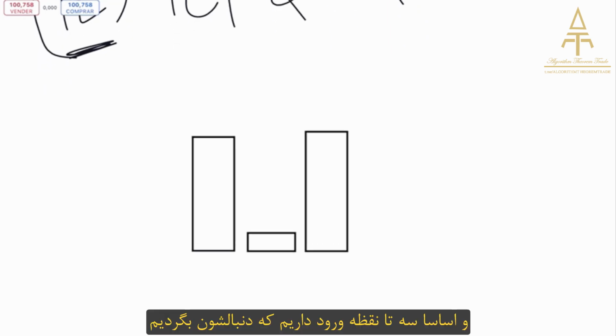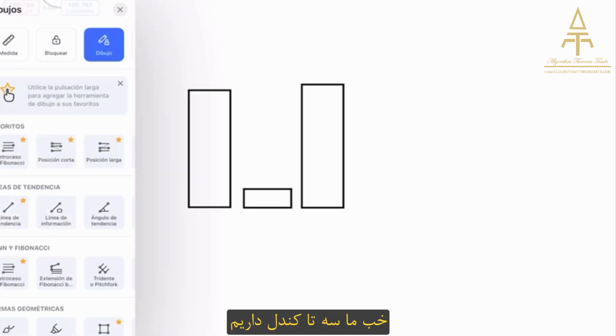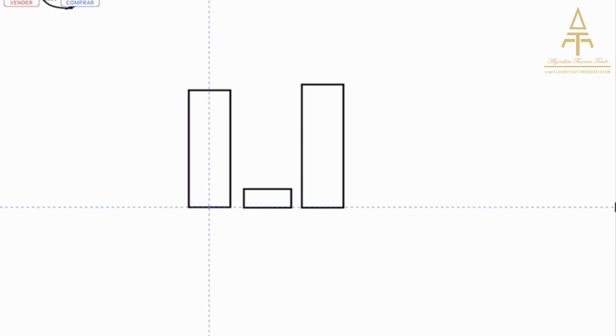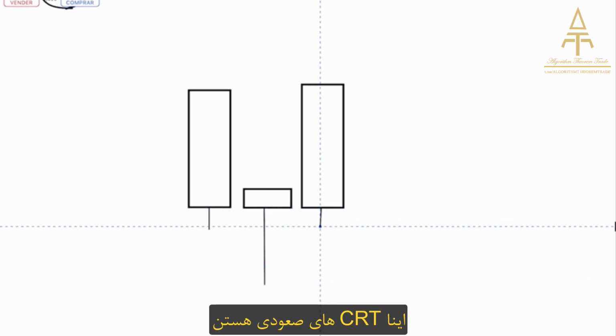And there's mainly 3 different entries you're looking for. So you have 3 candles. In case of a bullish CRT.